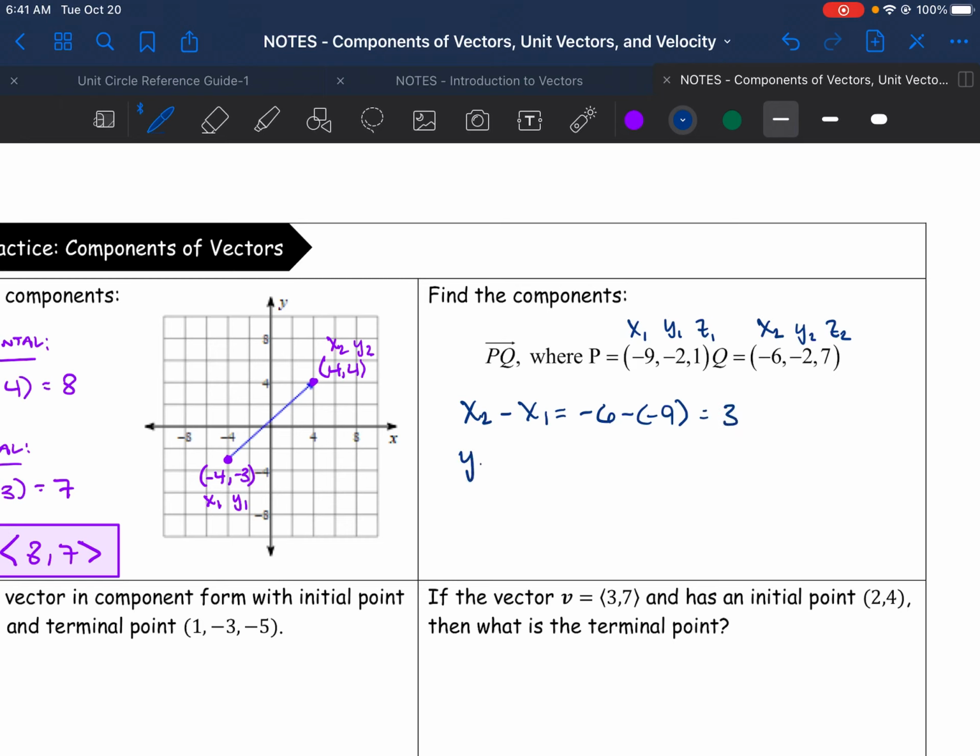Then we're going to do y2 minus y1, which is -2 minus -2. Well, -2 minus -2, that's -2 plus 2, which would give us 0. And then we're going to do z2 minus z1, which would be 7 minus 1, which would give us 6. So these are the components. The vector in component form would be (3, 0, 6).